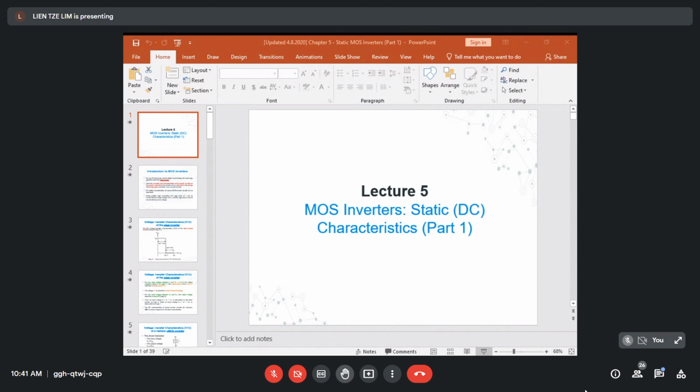If you learn about the types of logic inverters, you will learn that in MOS or IC technology, there are a few circuit constructions that we can apply to construct the IC.